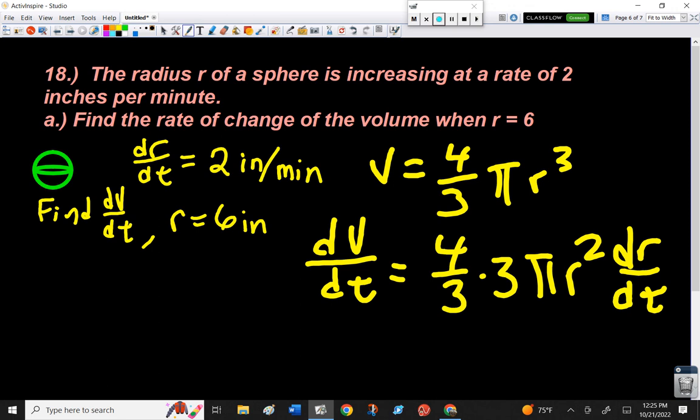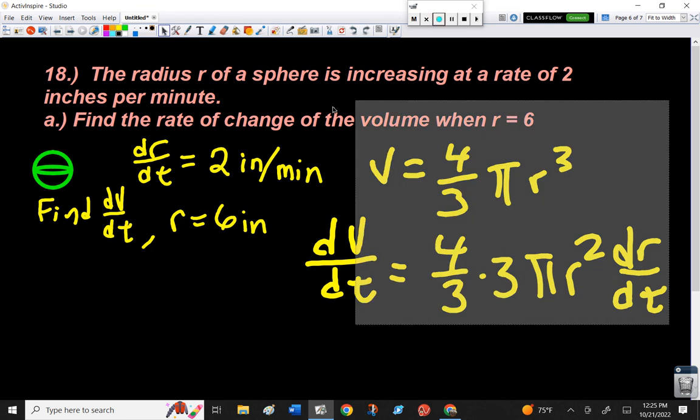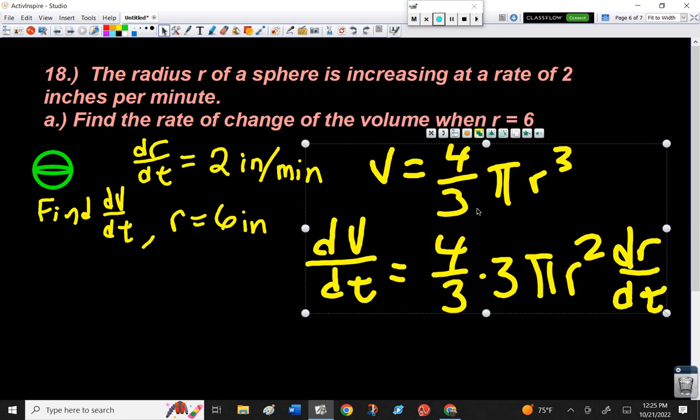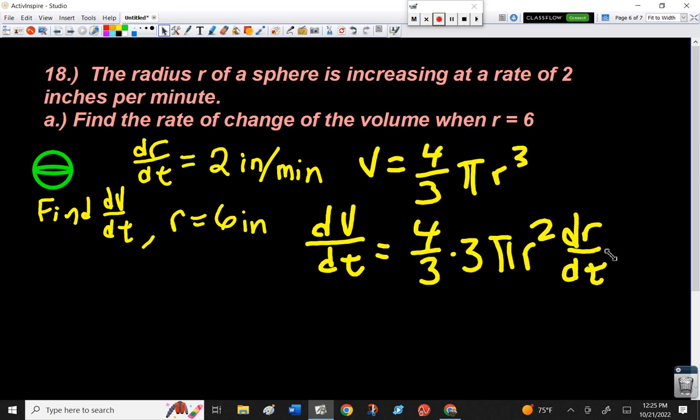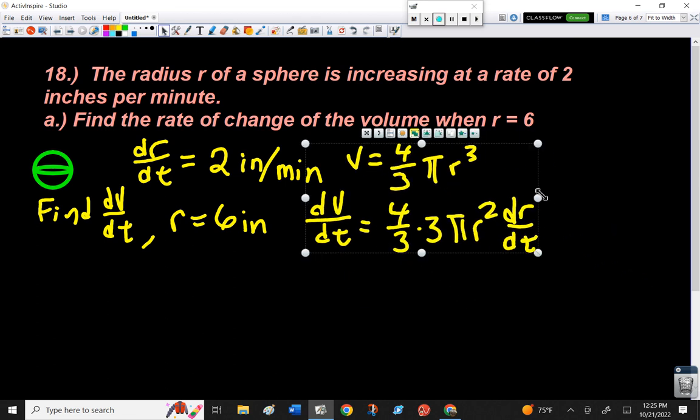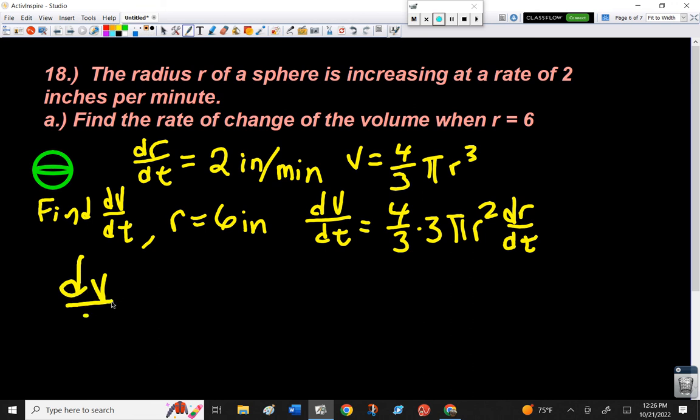Well, they want us to find dV/dt. Do they give us r? Yes, they do. Do they give us dr/dt? Yes, they do. So all we have to do, ladies and gentlemen, is just plug all this stuff in. So we're going to find dV/dt, and I'm going to simplify this.